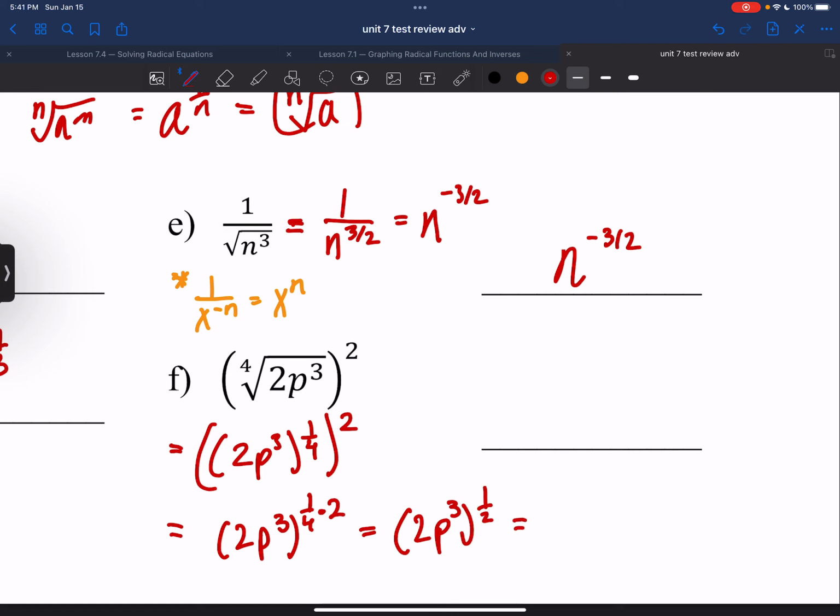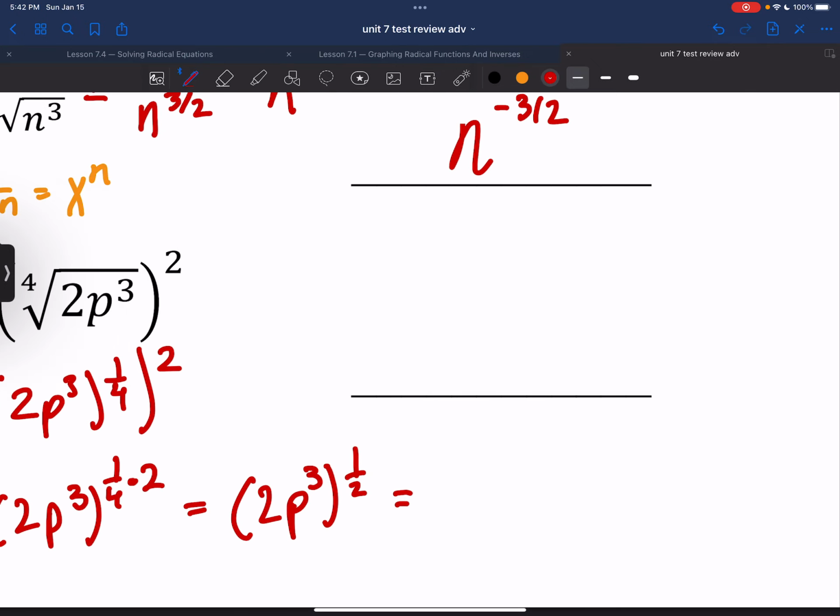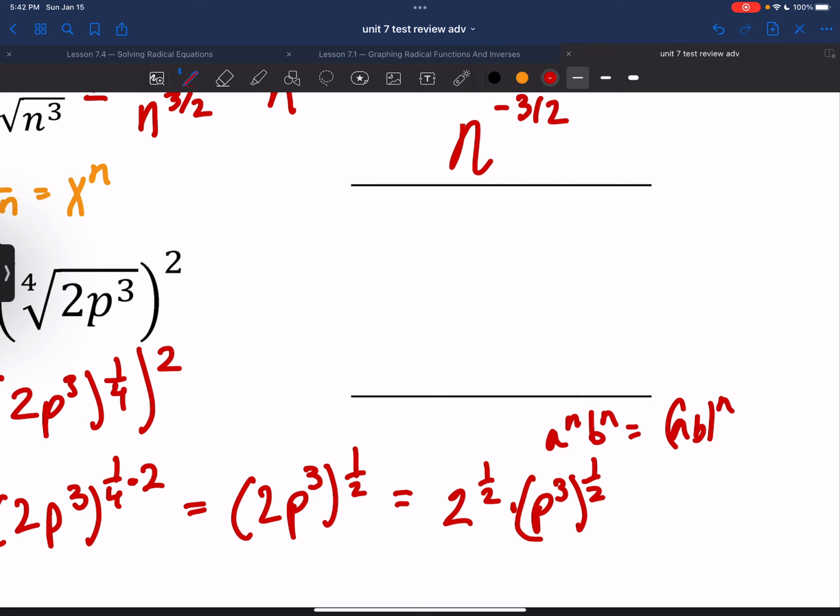And then I like to use the word distribute, but it's not the distributive property, so I should be careful with my language there. There's a rule that when you have something like that, right? If you have a to the n times b to the n, this equals ab to the n. So you can essentially apply this power to these other guys here. So I've got 2 to the 1/2 times p cubed to the 1/2. That's essentially what I've done.